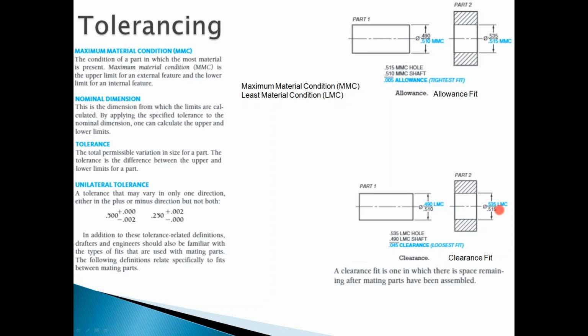The least material condition is 0.52535, and then you have 0.490 for the shaft. The difference is 0.045 clearance. That means the loosest fit you can get. Clearance is the loosest. Allowance is the tightest fit you can allow them to manufacture.